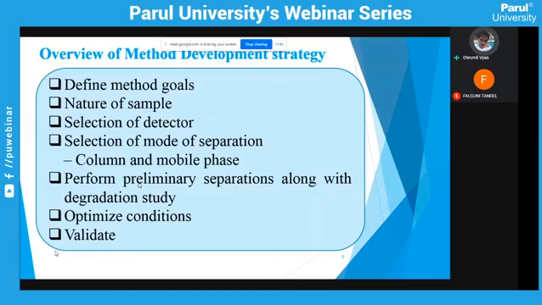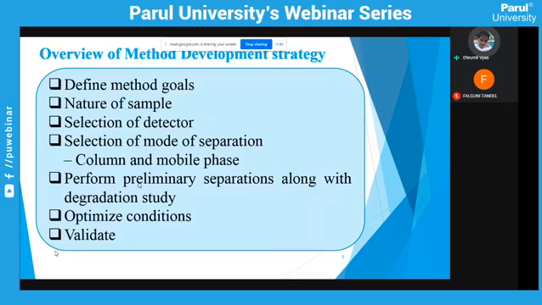Everyone has a goal in their life, right? In the same way, first of all, we have to define the goal for HPLC method development. Also, it is required to know the nature of the sample: is our sample acidic, basic, or neutral? This will help us to select the detector. Also, we can easily choose our mode of separation, buffer, pH, and column.